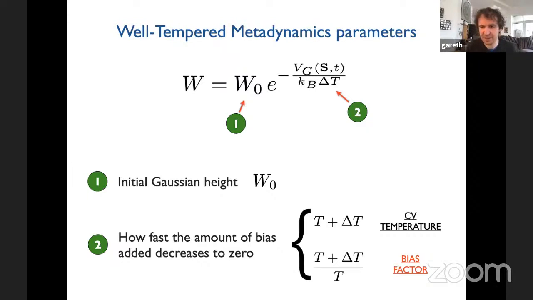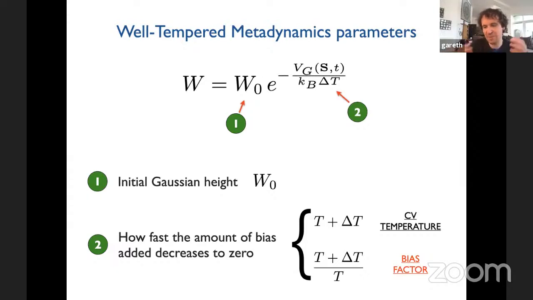So what people normally do is set the parameter that you set for this, which is a bias factor, T plus delta T all over T, to between 5 and 10. So your CV is exploring phase space at a temperature that is 10 times higher, or 5 times higher, than the temperature of the actual system.